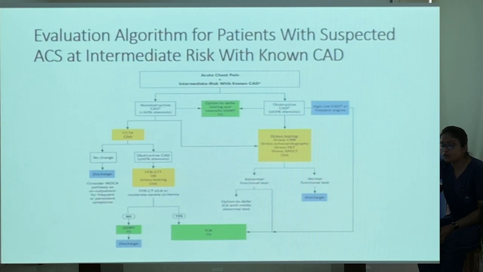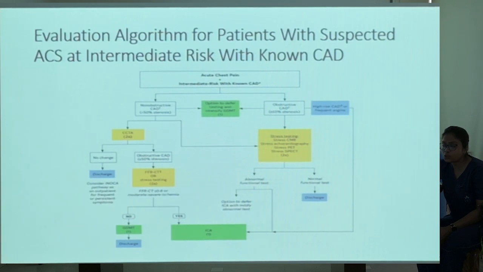We can go for coronary angio or stress testing. As well, if it is obstructive CAD, then we will be going for stress testing first. Angio, when we do it, can show either no change or obstructive CAD with more than 50% stenosis.